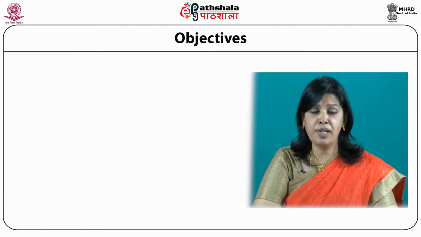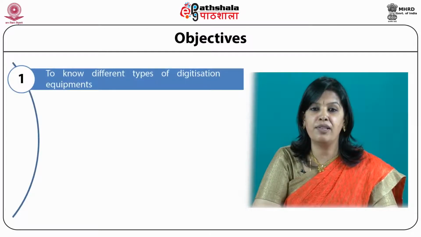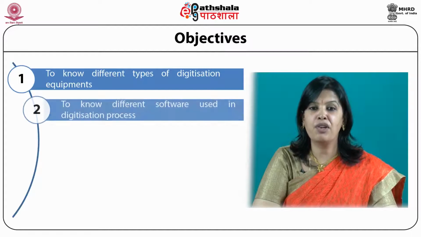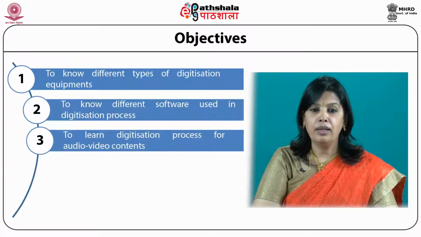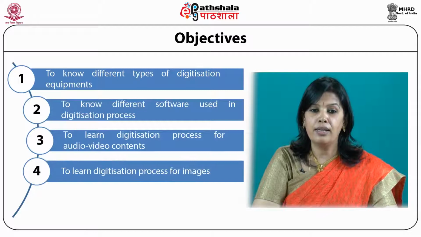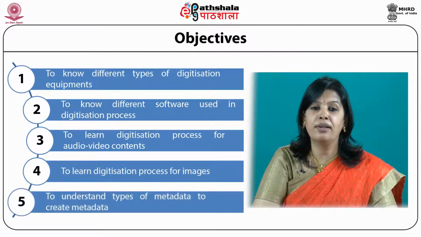Various technologies are used for digitization: content compression, tools and techniques, OCR, etc. But in this digitization part 2, we are going to discuss different types of digitization equipment, different software used in the digitization process, and learn the digitization process for audio video contents and for images. Finally, we will understand types of metadata and how to create metadata.